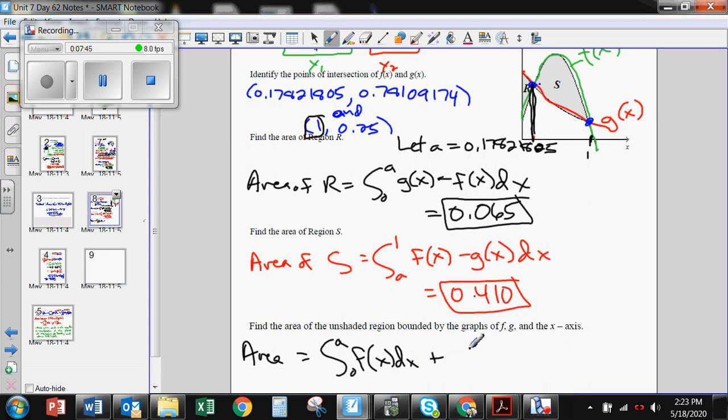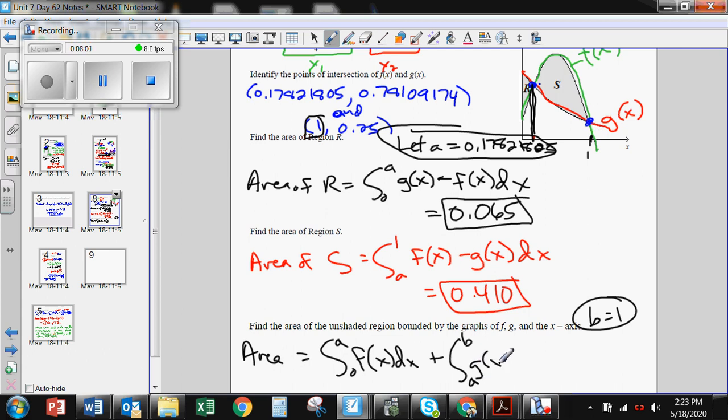And then we're going to add to that from a to b, which is 1. I'll call it b. And let's write up here b equals 1. We know what a equals. Okay, and in this one, the red graph, or g of x, is the closest graph. And now g of x dx.